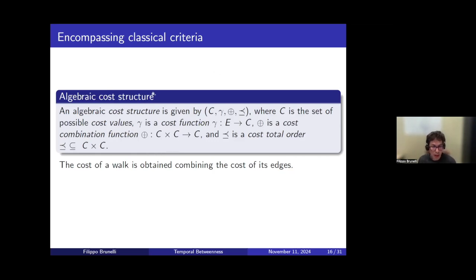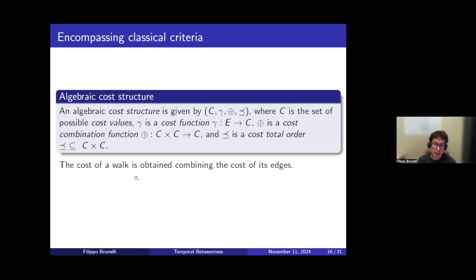In order to do that, we define what we call a cost structure, which is a quadruple where we have a set of costs C, a function gamma that assigns to each temporal edge a cost, an operation O plus that given two costs returns one single cost, and then we have a total order on the set of costs C.